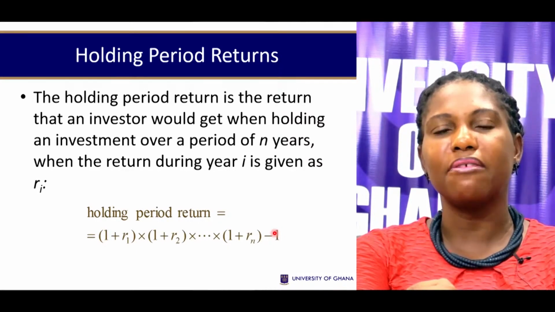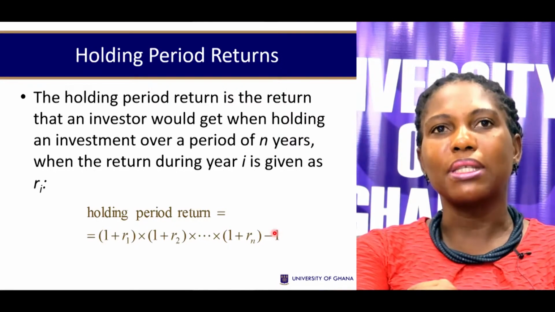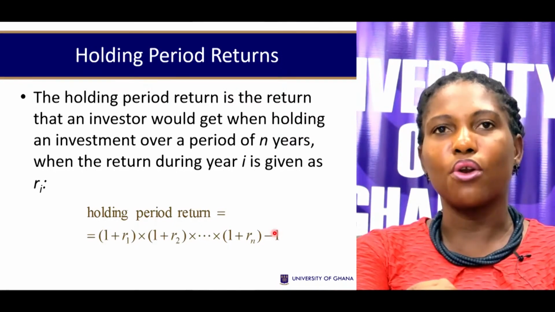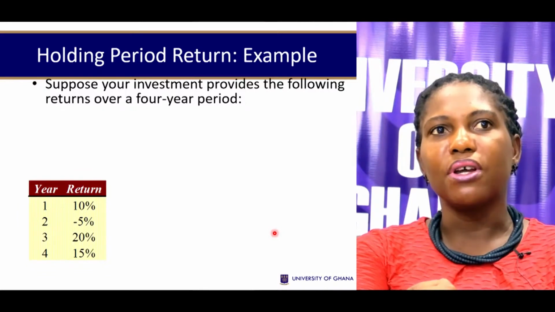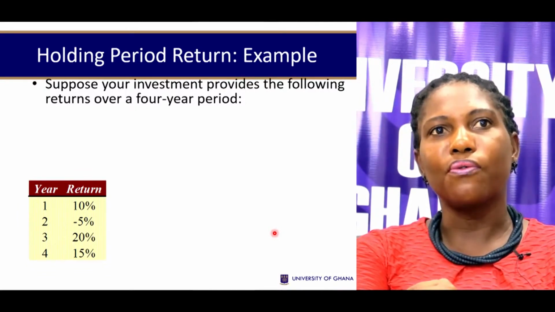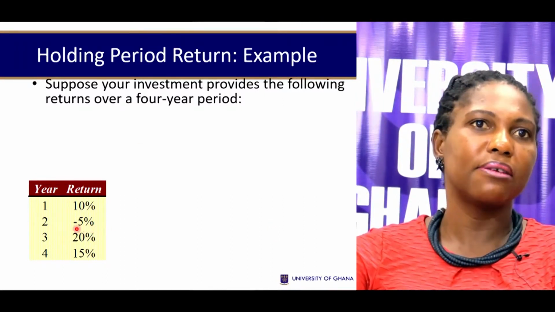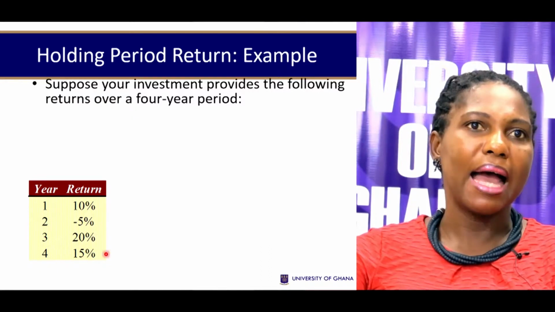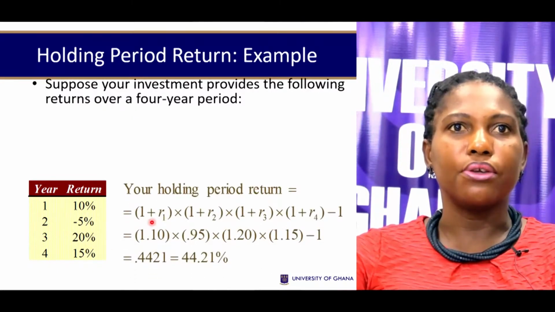So if it's a 10-year investment, the holding period return will be showing you your 10-year return and not your average annual return. Now, this is an example that we have where you have an investment for years 1 through to 4, and the returns are given accordingly as 10, -5, 20, and 15. To get your HPR, this is how you go about it.